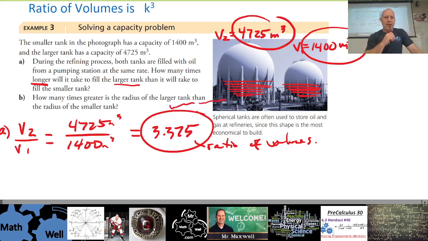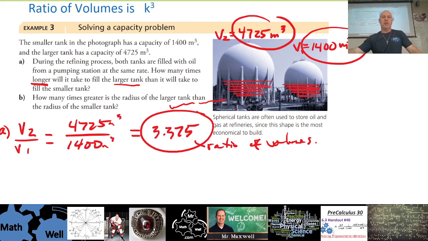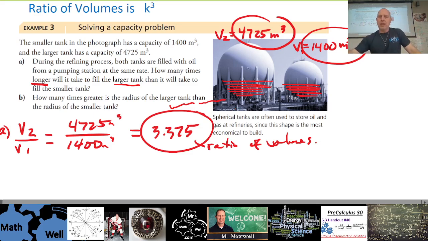Now, B, how many times greater is the radius of the larger tank than the radius of the smaller tank? All right. So we're not talking about volume anymore. We are talking about a single dimension, aren't we? We're talking about the radius. So volumes are related by 3.375.